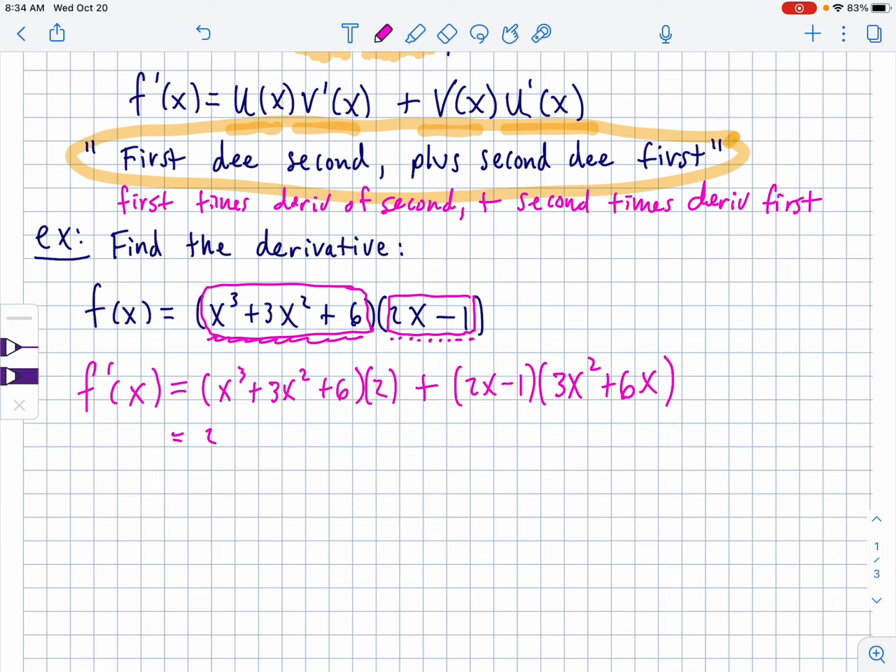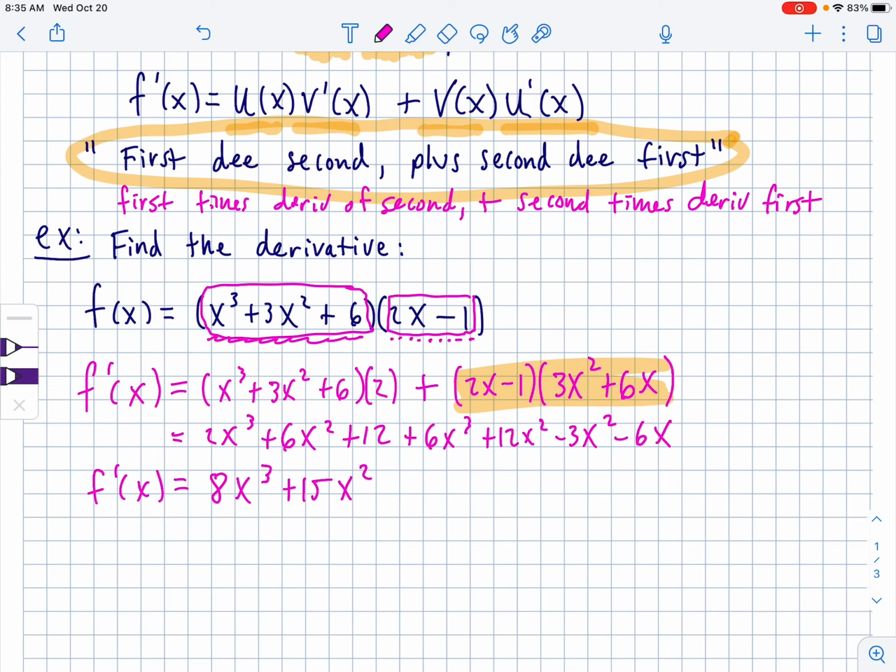Now, do they want me to play cleanup on that? Oh my gosh, they do. Okay. So if you start to distribute and stuff, you distribute that 2 to 2x cubed plus 6x squared plus 12, and then over here, we're going to have to FOIL these things to get 6x cubed plus 12x squared minus 3x squared minus 6x.